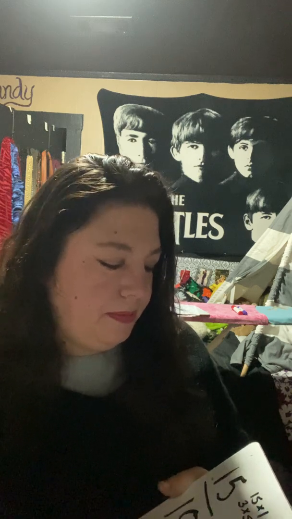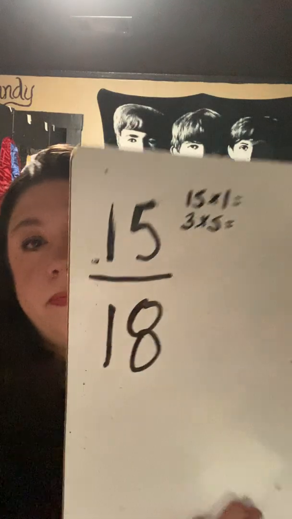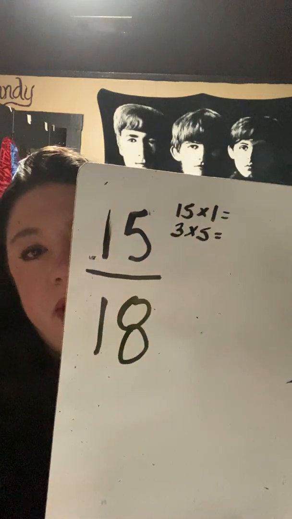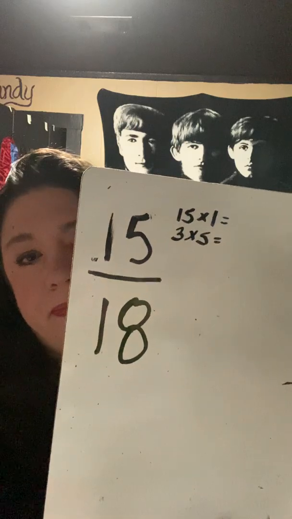Well, 15 times 1 is 15. 3 times 5 is 15. That's it. 15 times 1 is 15 and 3 times 5 is 15.